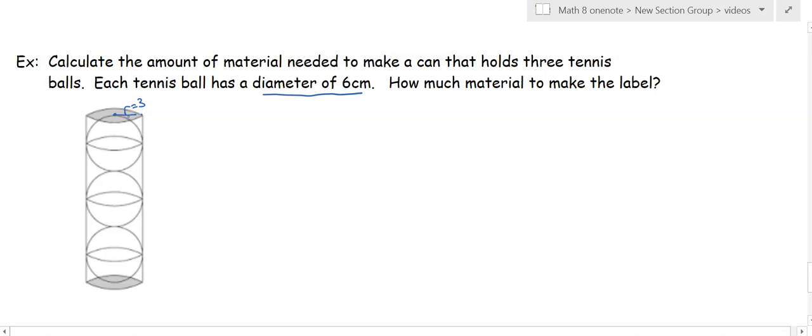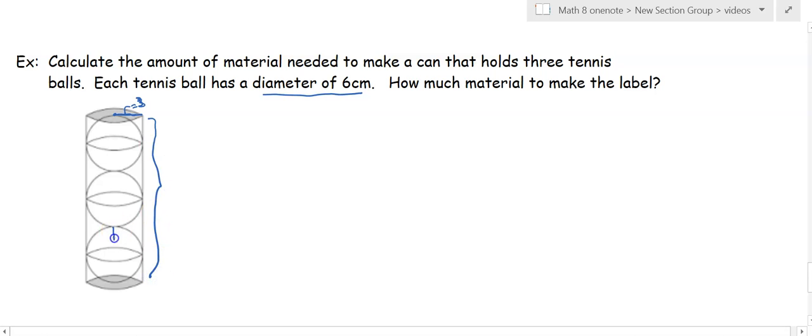It doesn't matter what I ask. Based on the last question, you can figure out whether there are 2 circles, no circles, or 1 circle. The key here, though, is if these balls fit perfectly in the container and each ball has a diameter of 6, we know that the radius of the cylinder is 3, but what's the height of the cylinder?